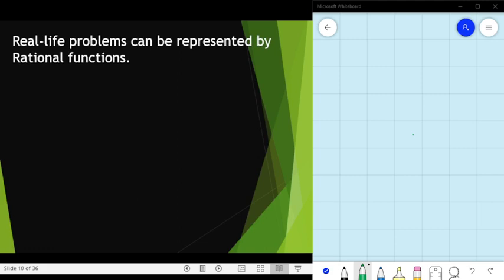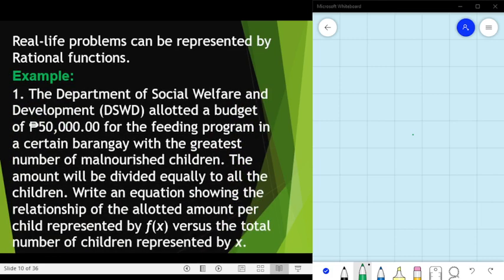So, real-life problems can be represented by rational functions. We have here example number 1. The Department of Social Welfare and Development, or DSWD, allotted a budget of 50,000 pesos for the feeding program in a certain barangay with the greatest number of malnourished children.